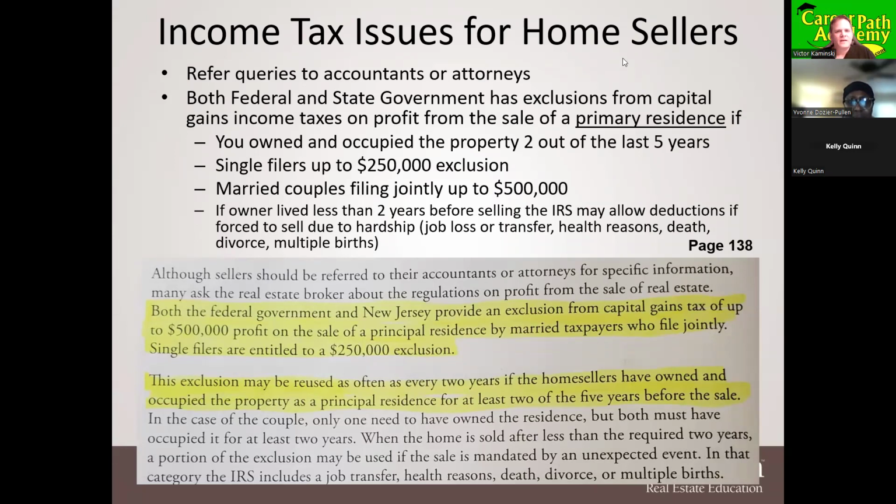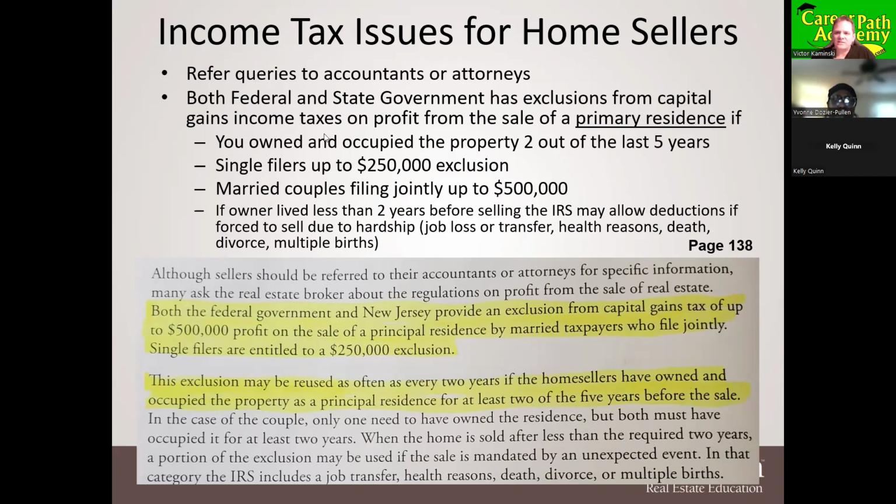Now, here's a question you always get on exams. Even though we have to refer queries to people's accountants and tax professionals when they ask us about tax advice and how this would affect their particular tax situation, we know both the federal and state government have exclusions from capital gains tax.